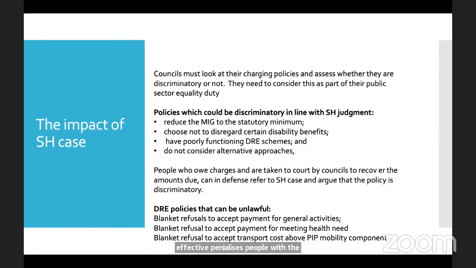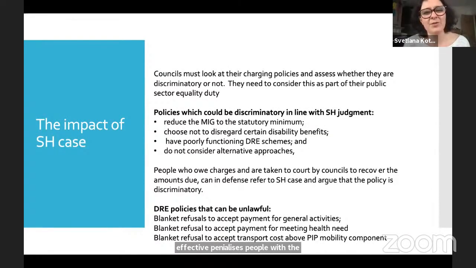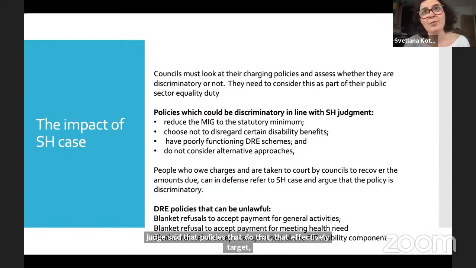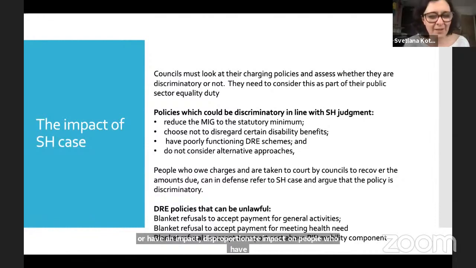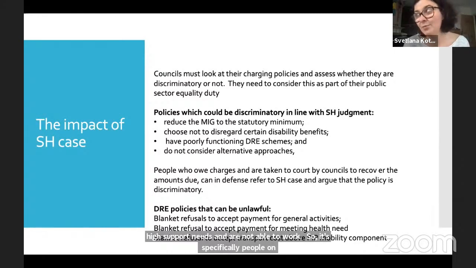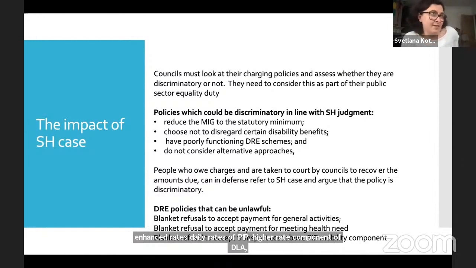And so the judge said that policies that do that, so effectively target or have a disproportionate impact on people who have high support needs and are not able to work, are discriminatory. So it's specifically people on enhanced daily rates of PIP, the higher rate component of DLA, or the higher rate of attendance allowance, and in the support group of ESA.